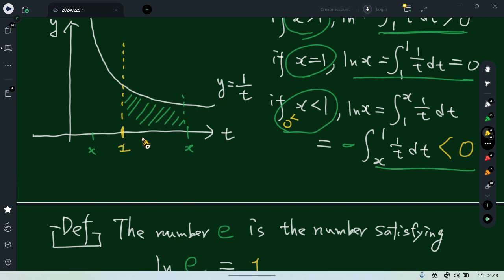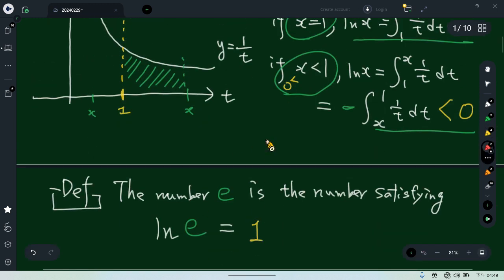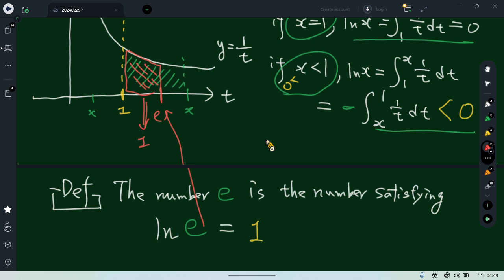Maybe somewhere the number will be 0.2, somewhere will be 0.4, blah, blah, blah. At a special point E, for example, E may be here, the idea is if the total area is 1, if we find the area is 1, then we will stop.